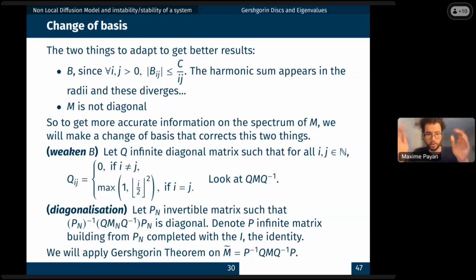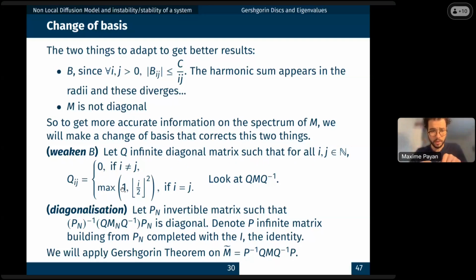Just the vector, or the eigenvector, changes. So we take Q, an infinite diagonal matrix, such that we have 0 everywhere except on the diagonal, of course.